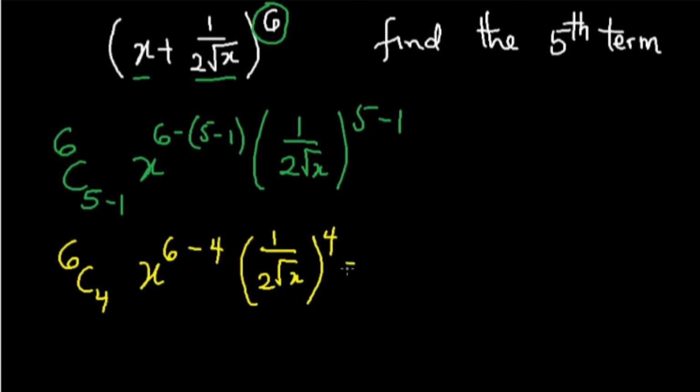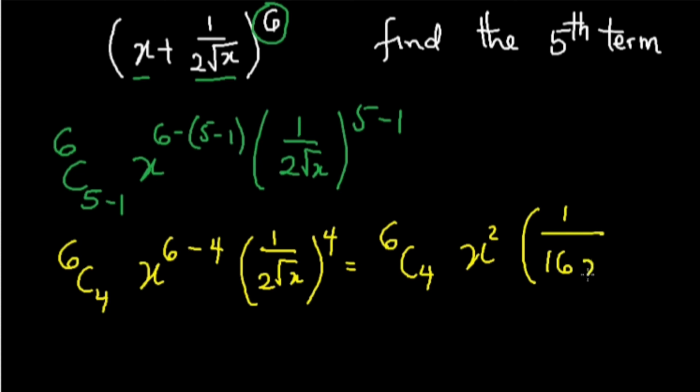That is the same thing as writing 6 combination 4, x raised to power 2, into the bracket of 1 over 2 raised to power 4, which is actually 16. Then 2 root x raised to power 4 is x squared. Alright, then x squared can cancel x squared, so we are left with 6 combination 4 into 1 over 16.